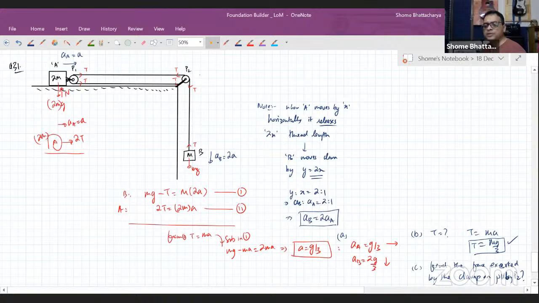On that particular pulley P2 that you're seeing, which is attached at the corner, you have to find the reaction force or the net force applied by the clamp on the pulley. So how will we understand that? For that, you have to understand the free body diagram of this pulley, and it's a massless pulley, remember.